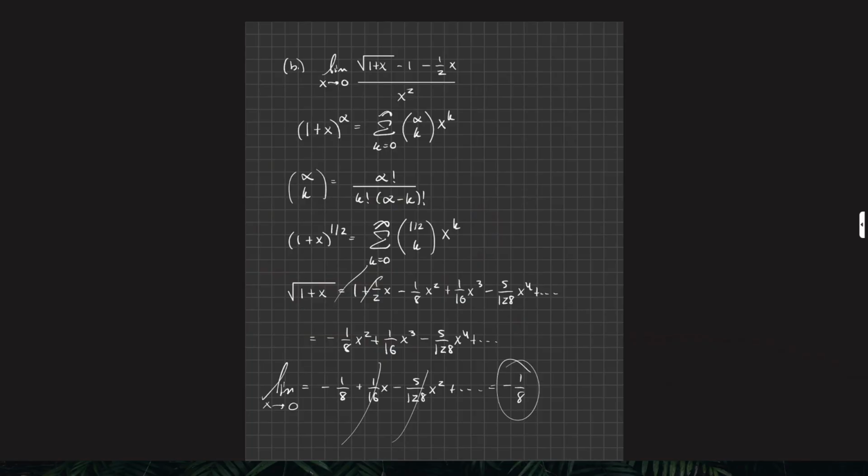Let's look at 28, I guess. Okay, 28a says, find the function represented by the power series, n equals 2 to infinity, n times n minus 1, x to the n, and find its interval of convergence. So let's just start with what we know.